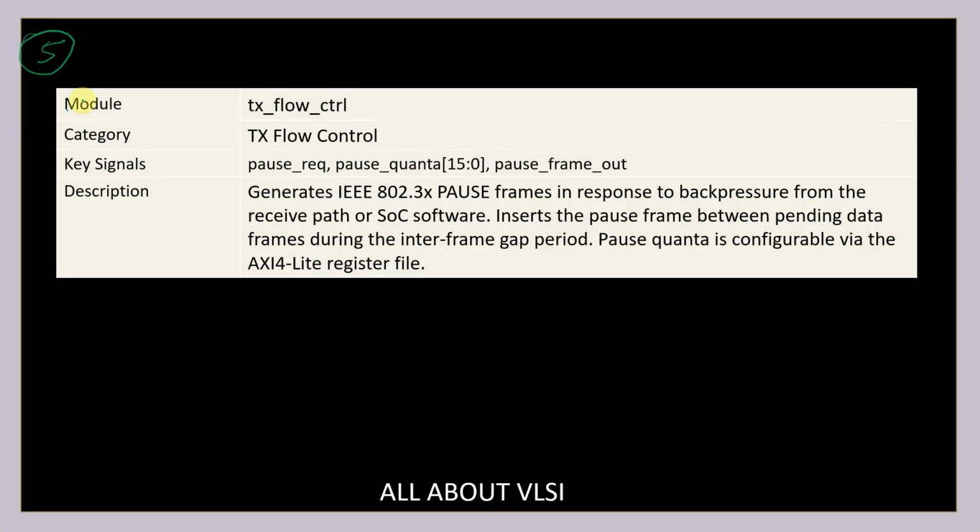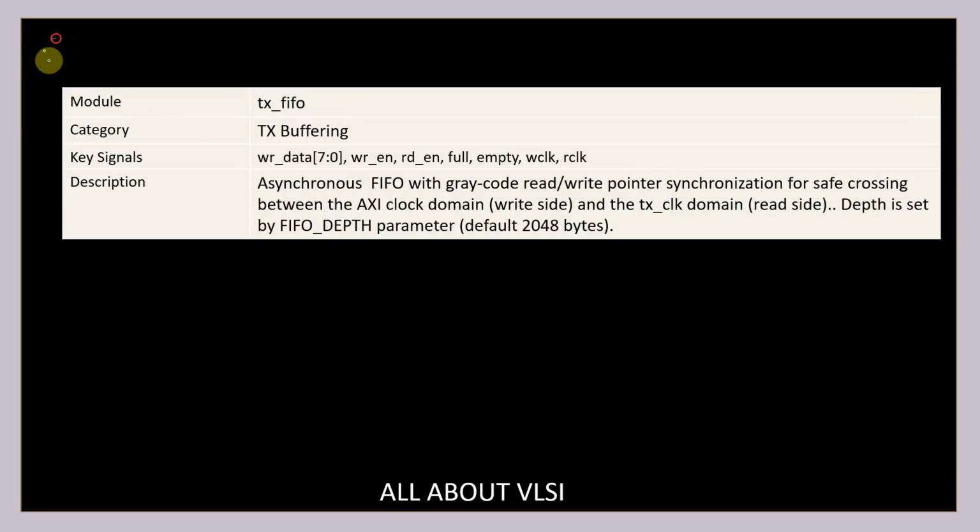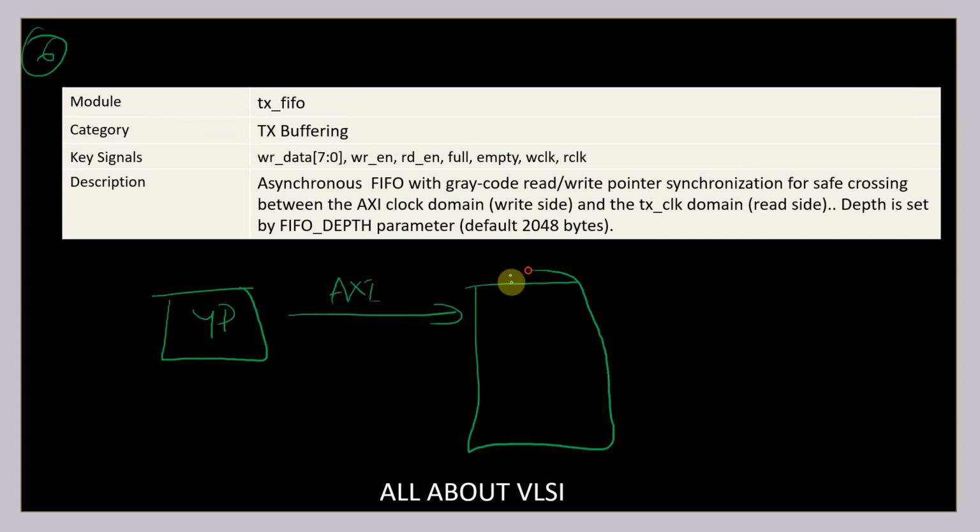This is the fifth module which we are going to have, which basically controls the pause frames and all. We will discuss what this is and what its exact behavior is. And next is TX FIFO. I've shown you, right? From the processor, we are going to send the frames to our Ethernet MAC controller via the AXI interface, and they will be stored inside our FIFO. About this TX FIFO also we will discuss.